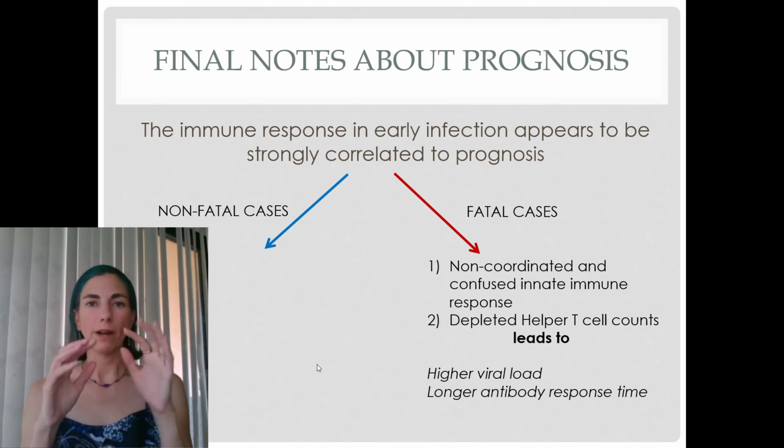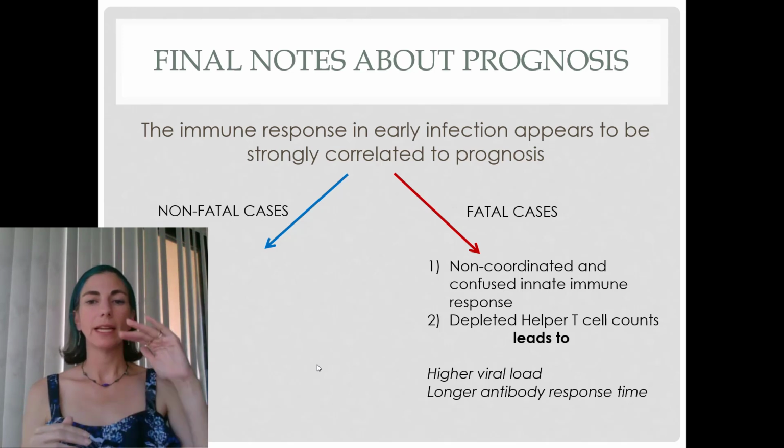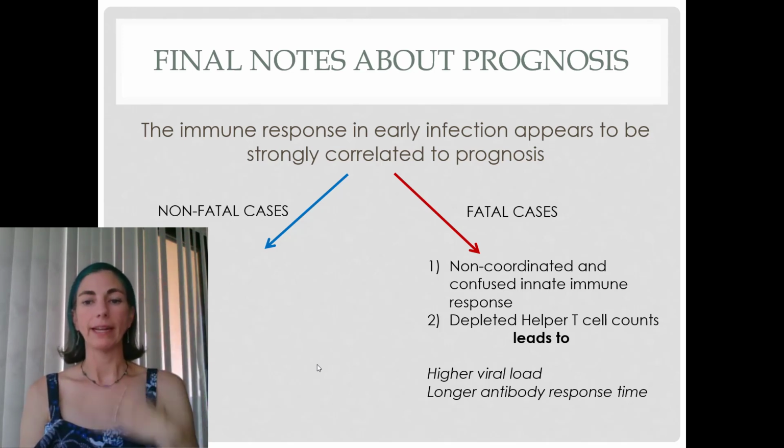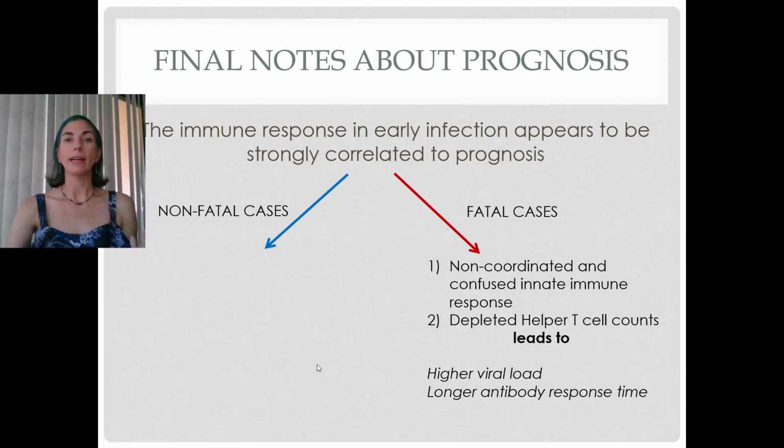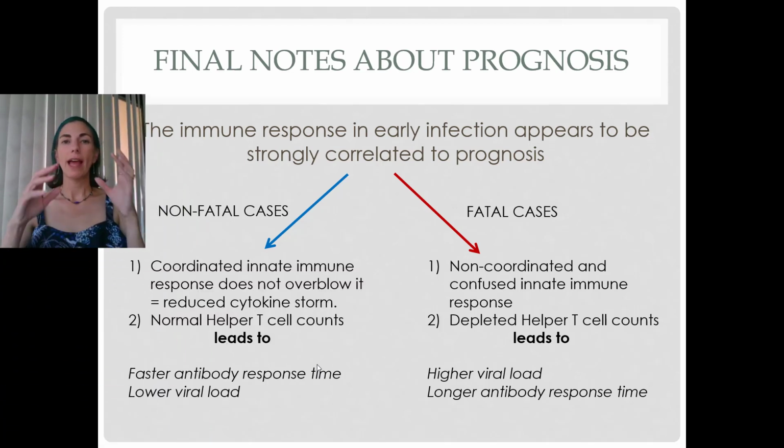In other words, one of the hallmarks that we see is that their early immune system is discombobulated, and their lymphocyte numbers decrease, especially helper T cells. So again, that delays the acquired immune response, you have a discombobulated cytokine storm going on, and all of that's going to lead to higher viral numbers and a longer time to bring out your acquired immune system.